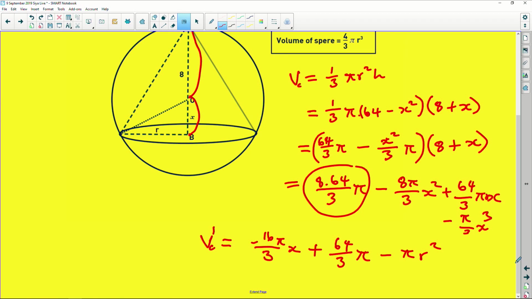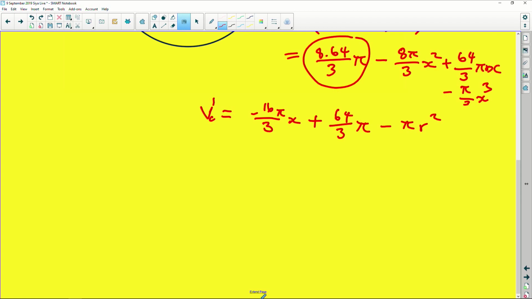Now, as you can see, what I can quickly do here is divide everything by pi to get rid of the pi so that it can be easier for me to solve it, right? So V of the C must be equal to 0, right? Then I multiply by 3 and I divide by pi to get rid of the pi. So this will be minus 16x plus 64, not pi, just 64, because we're dividing by pi.